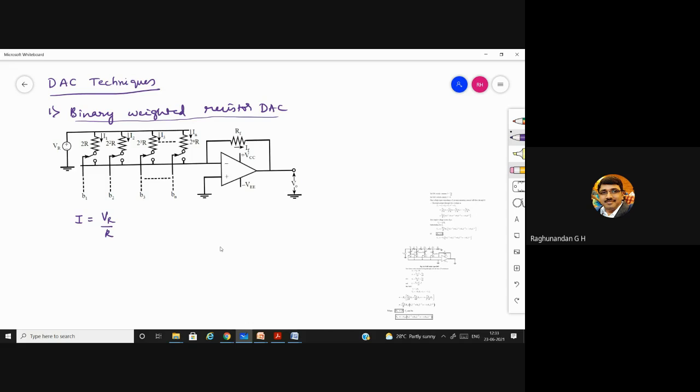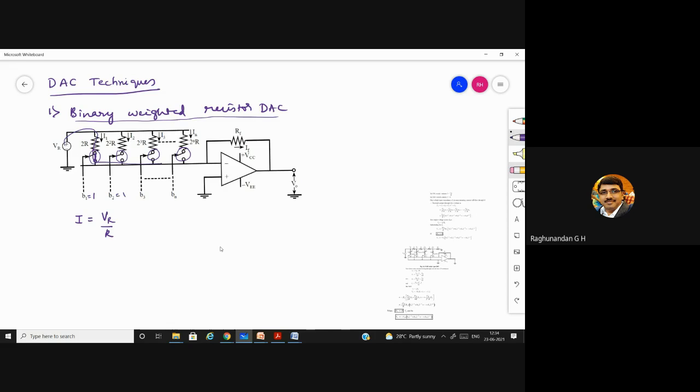A common voltage is being given, and here you can see that at the input we have switches. Whenever this bit is equal to 1, the switch is going to close, and then that particular current is going to flow.